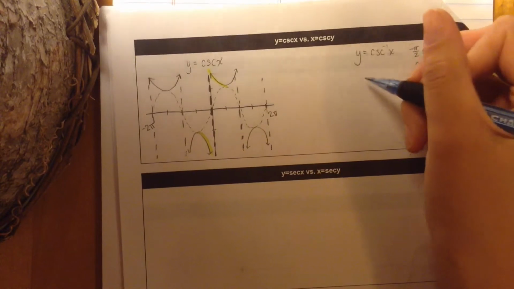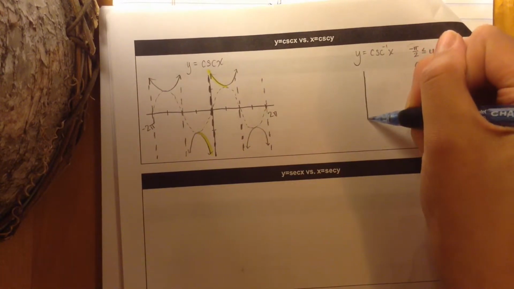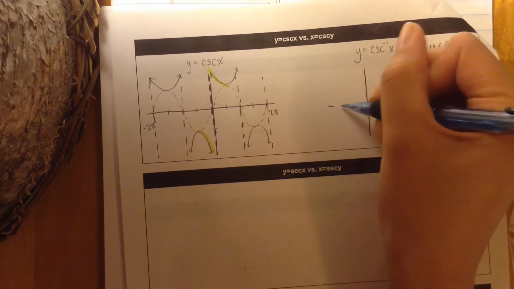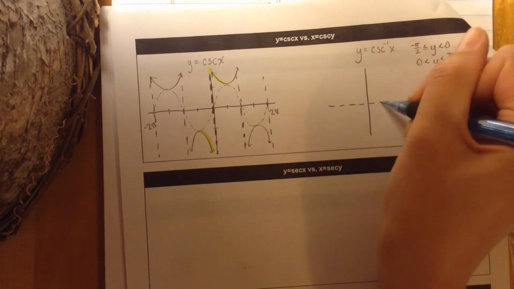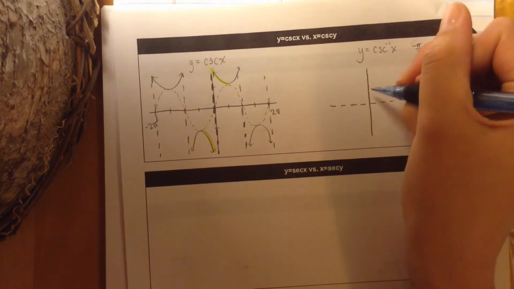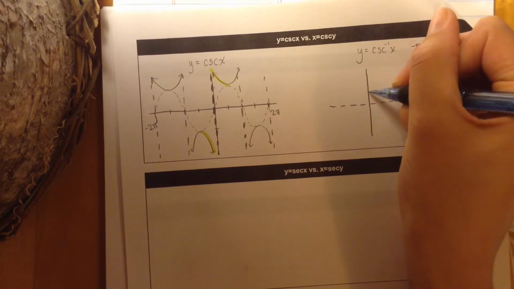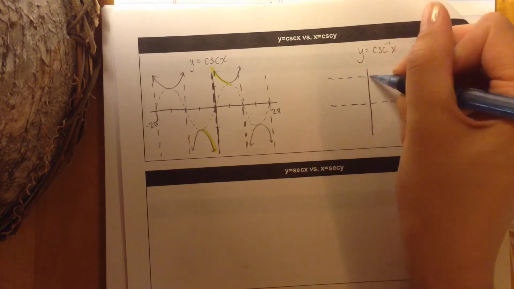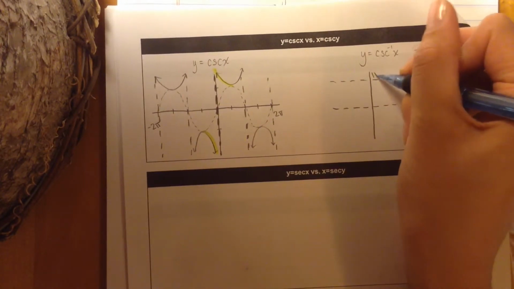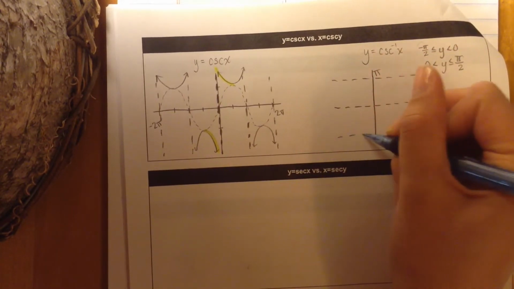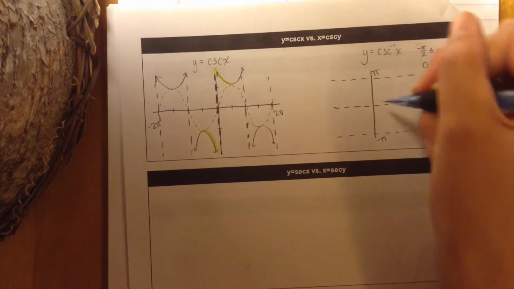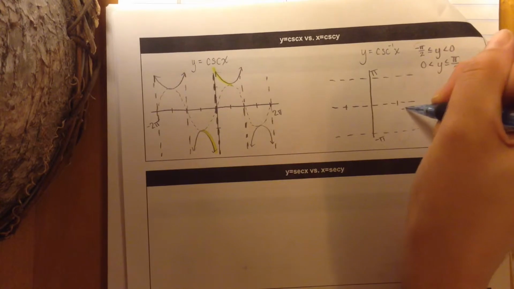Let's create a sketch for this. I'm going to make the x-axis dashed because it is essentially an asymptote, as is our pi. We don't even go that far if that's pi, and negative pi. This would be 1, negative 1.